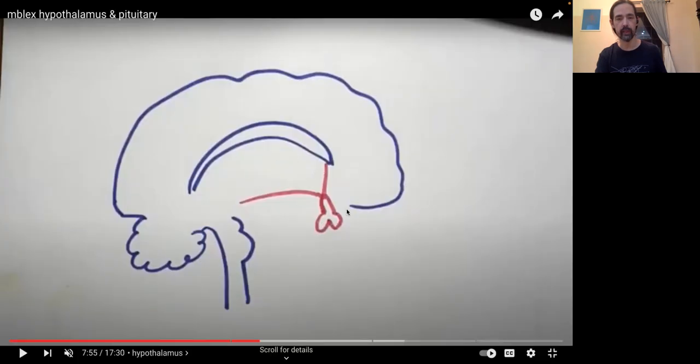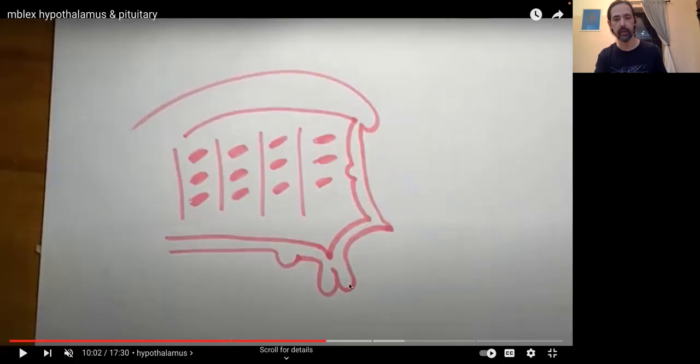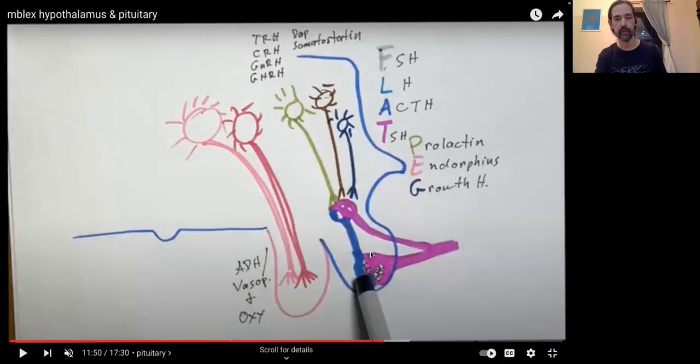In a minute, we'll look at the anterior pituitary. Hypothalamus with nuclei, and posterior and anterior pituitary. Neurons extending axons directly into the posterior pituitary, neurohypophysis.